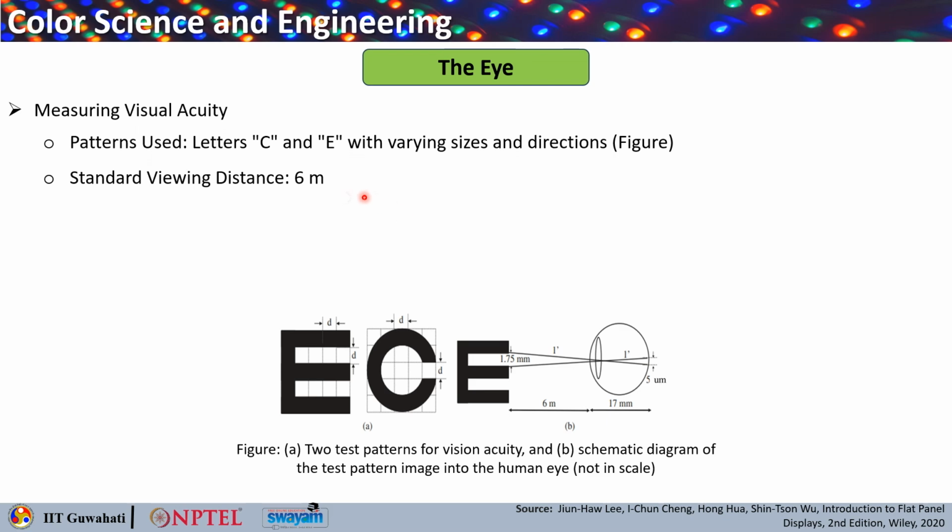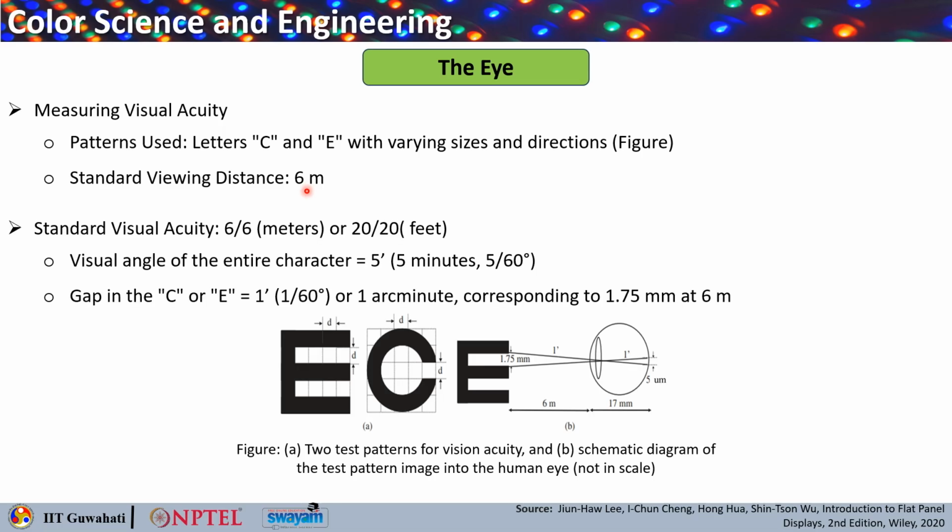So, always remember there are some standards, something like a standard viewing distance is 6 meter, okay. So, standard visual acuity is 6 by 6 when you are talking in terms of meter, and you can also call 20 by 20. This is the imperial unit system used in US, okay. These are typically in feet.